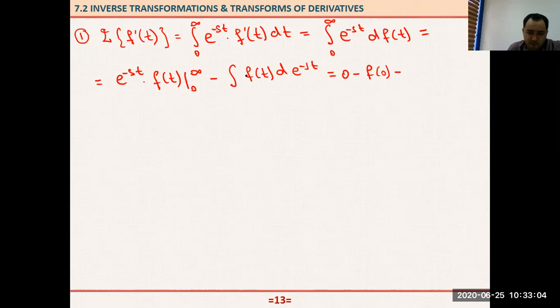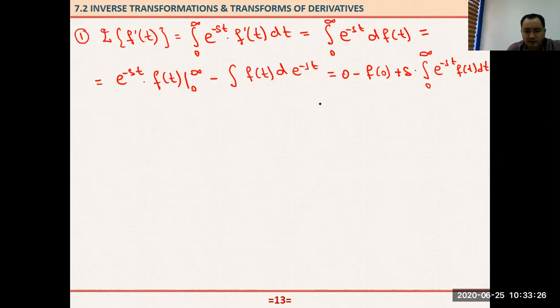Again, if I bring it back here, I should differentiate this. So negative s comes to the front with this minus, and here we have plus s times the integral from 0 to positive infinity of e to the power minus st times f of t dt. Now let me simplify this.